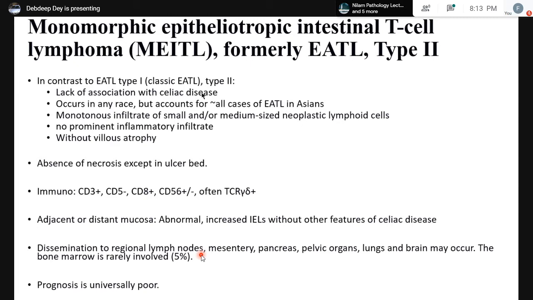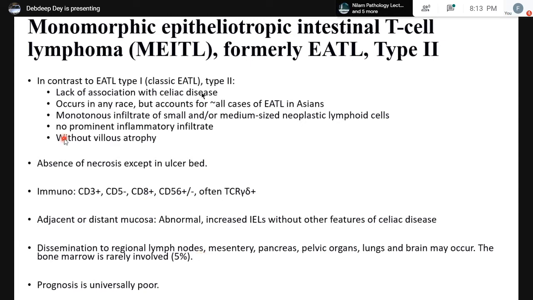Now, in contrast to EATL type 1, or in contrast to EATL, MEITL has a lack of association with celiac disease, predominantly occurs in the Asians, and monotonous infiltrate of small to medium-sized neoplastic cells. There's no prominent inflammatory infiltrate, as you saw in this previous example, and there would not be villus atrophy.